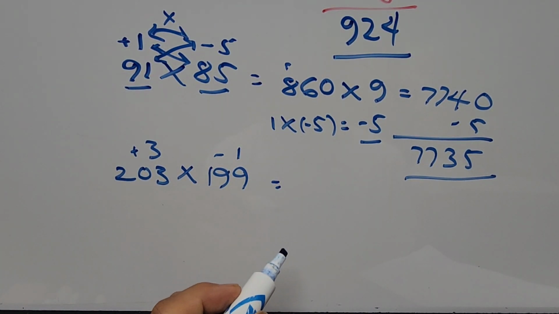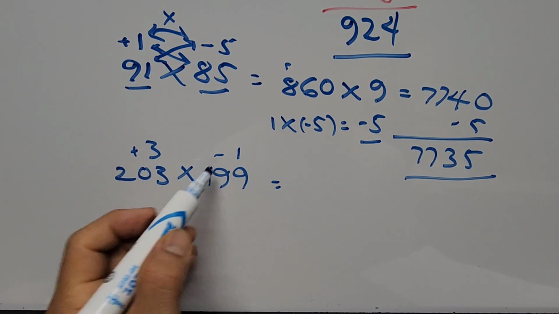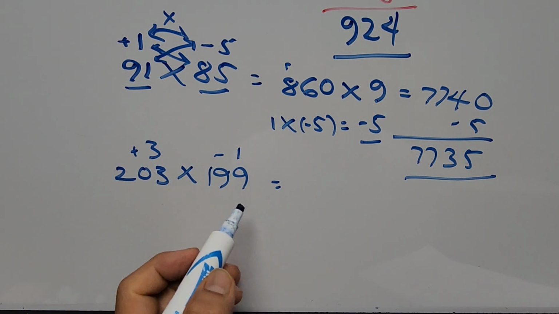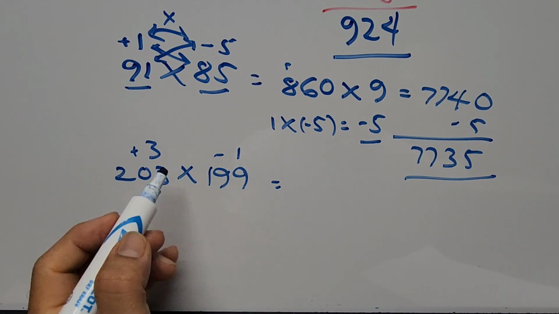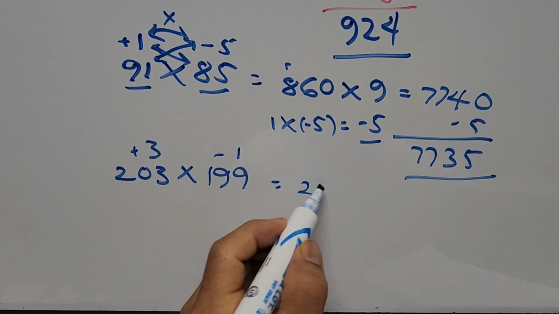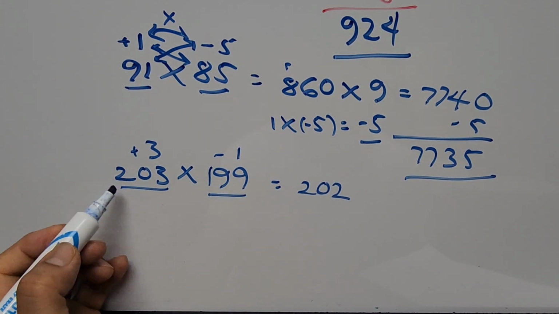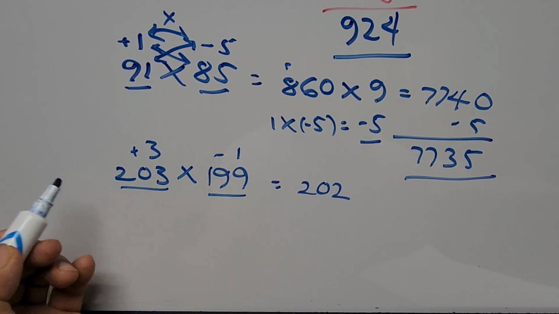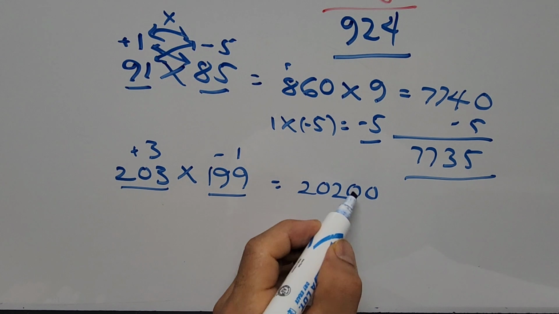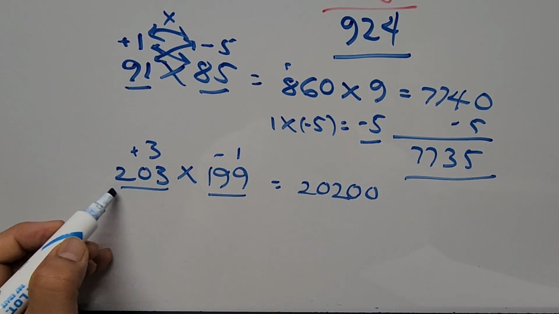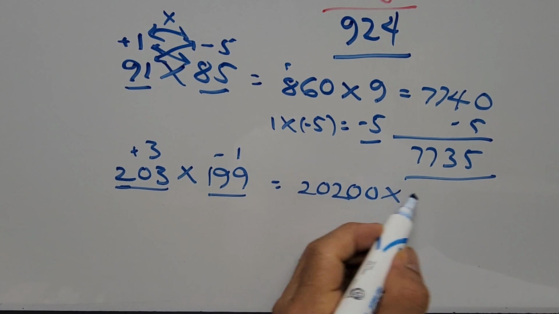First part of our answer, add these two numbers together. 199 plus 3 is 202. And since this is a 3-digit number, we multiply it by 100, or we just add 2 zeros. And then since this is base 200 or 2, multiply this by 2.